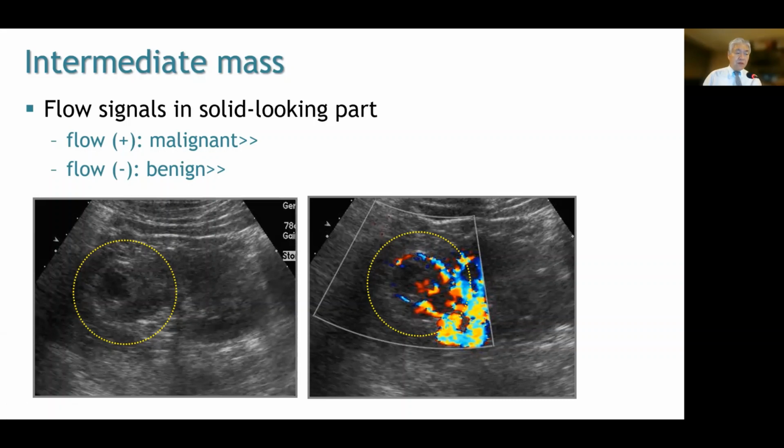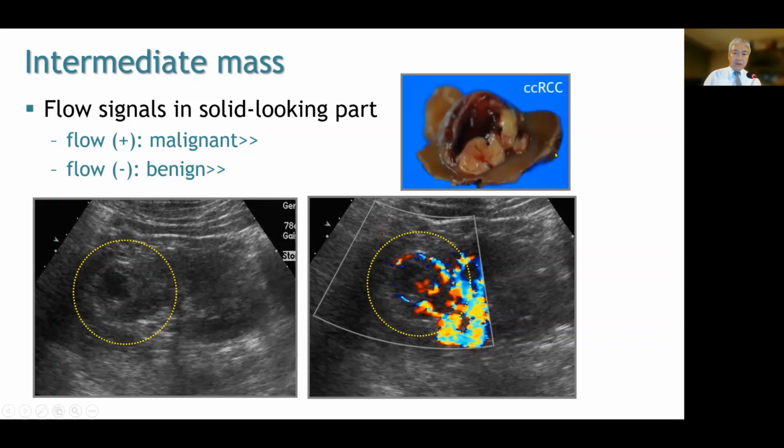If there are flow signals, it indicates a malignant lesion. And if there are no flow signals, it is more likely a benign lesion. In this case, there are prominent flow signals in the peripheral solid-looking areas, and it was a small clear cell renal cell carcinoma with mixed solid and cystic components.